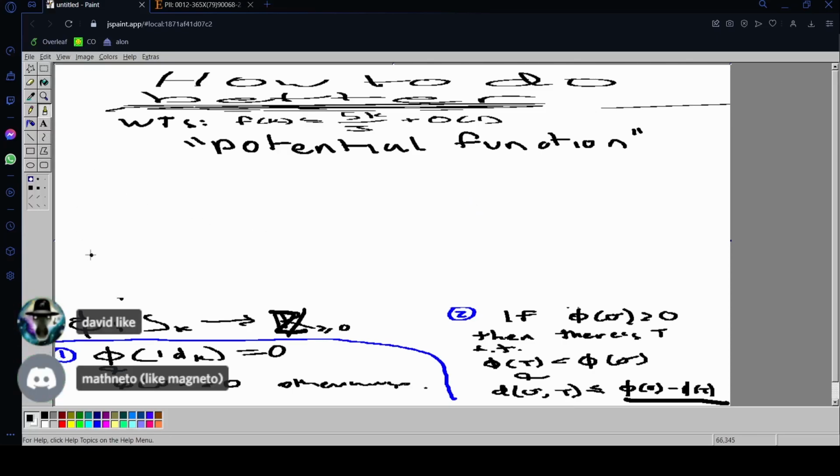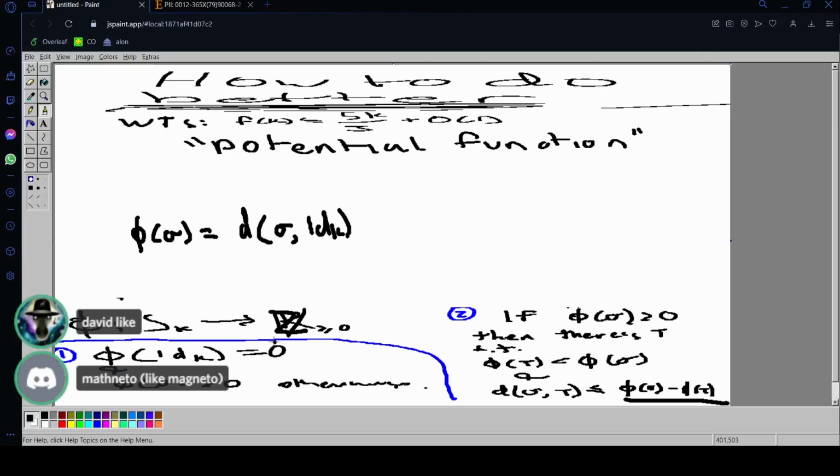But there's actually one potential function which is really good, really accurate. If you just take phi of sigma equal to the minimum number of moves to get from sigma to id k. Obviously, if sigma is the identity, then you don't need any moves to get to id k, right?